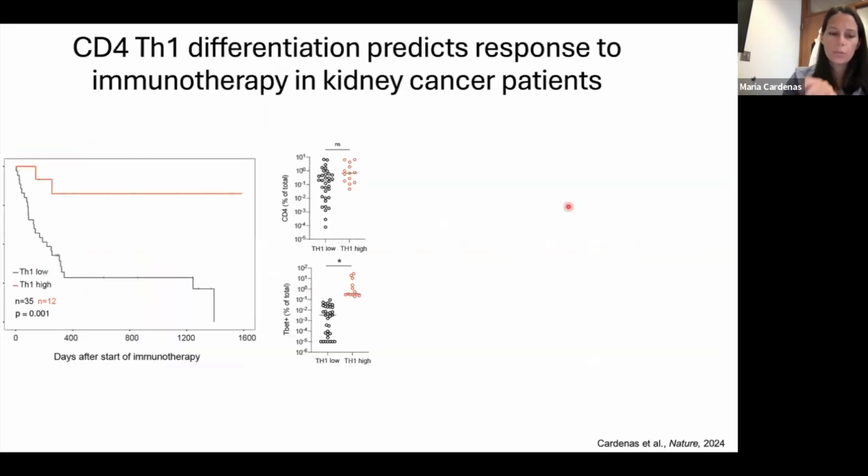And in fact, those patients, we didn't have a lot, but the 12 patients that we did have that had a large Th1 response within their tumors, they respond extremely well to immunotherapy. This is both PD-1 alone, CTLA-4, or a combo of PD-1 and CTLA-4. Every single one of these patients that did have a Th1 response is capable of a much better response to immunotherapy.